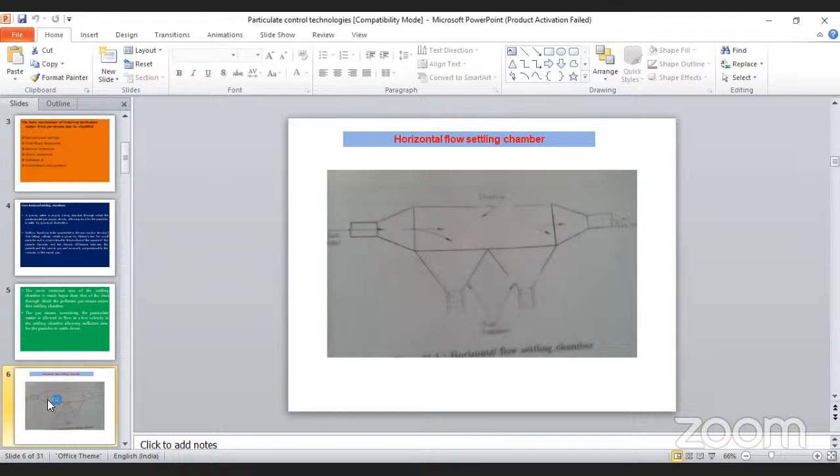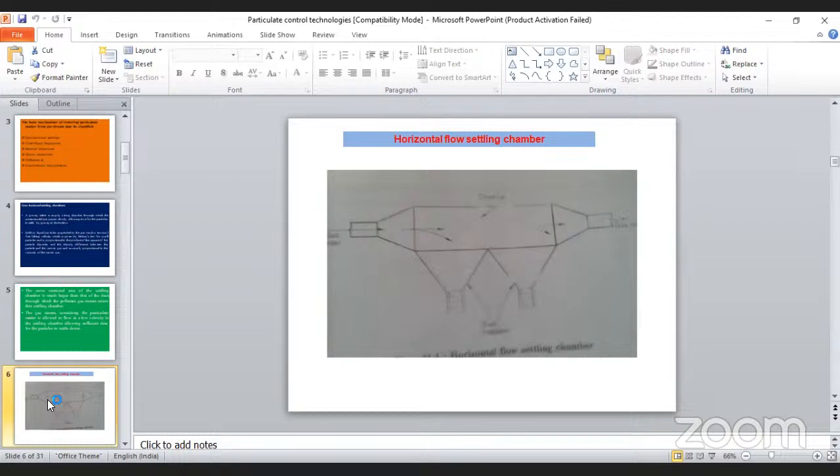After entering the rectangular chamber, the gas does not directly come and go. It is allowed to stay for some time inside that chamber, and the speed of the gas is also reduced. Only after some time do we open the gas outlet, or you provide a somewhat longer horizontal length.